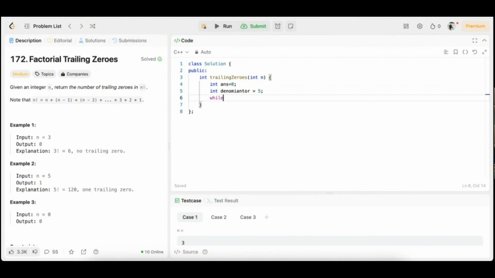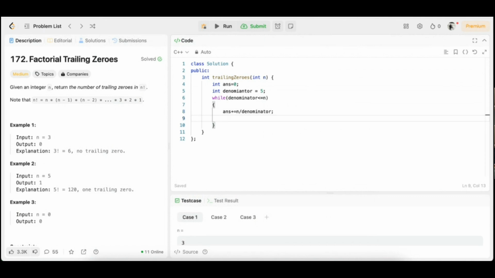So while your denominator is lesser than equals to your n, what we have to do is answer plus equals to n by denominator. Lastly, denominator multiplied by 5, and finally return answer. Okay, small piece of code.